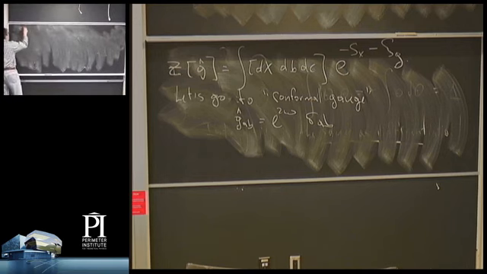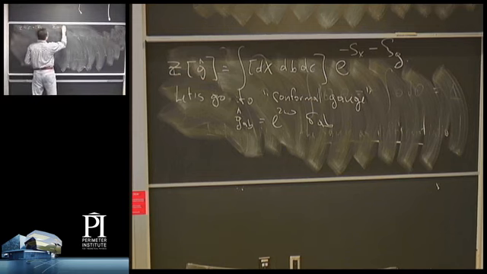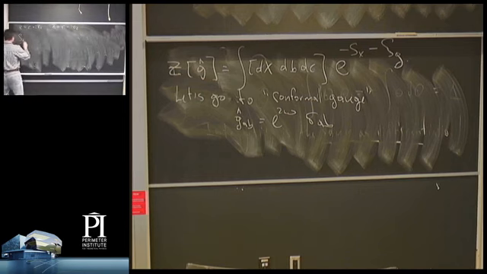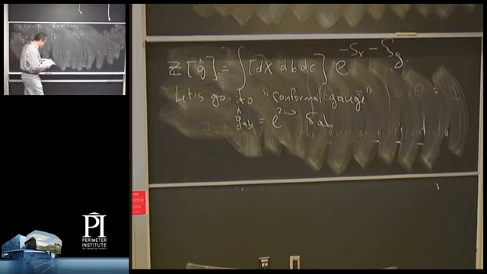So I can introduce sigma 1 plus i sigma 2, and sigma 1 minus i sigma 2. And so the ghost action will be 1 over 2 pi, an integral over d^2 z. So I'm writing it down as I go into conformal gauge, and I introduce conformal holomorphic and anti-holomorphic coordinates.